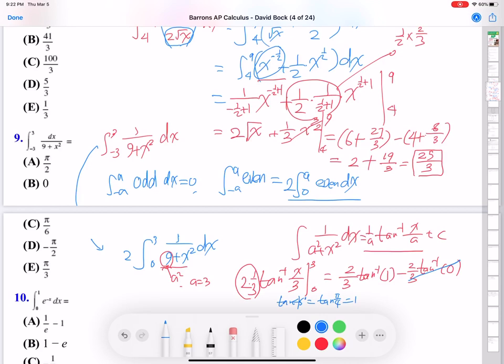That is 1. So tangent inverse of 1 is what? Pi over 4, because tangent pi over 4 is 1. That's why tangent inverse of 1 is pi over 4. So pi over 6 is the answer. That means C is the answer.